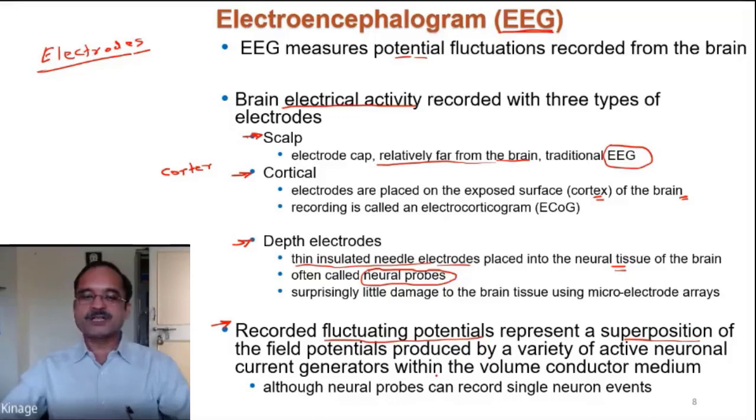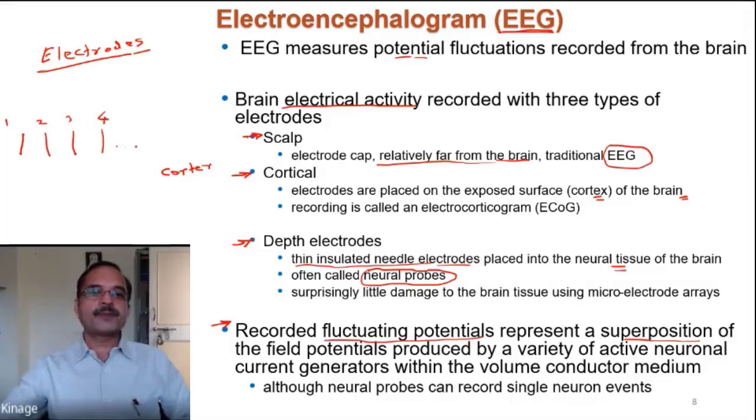I will explain all these things. These are different electrodes: electrode number 1, electrode number 2, electrode number 3, electrode number 4, and so on.